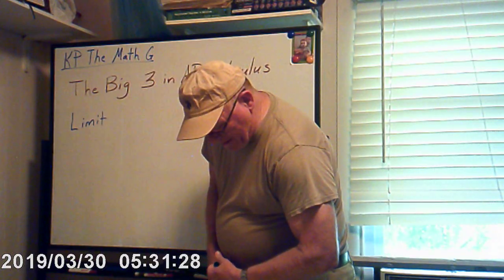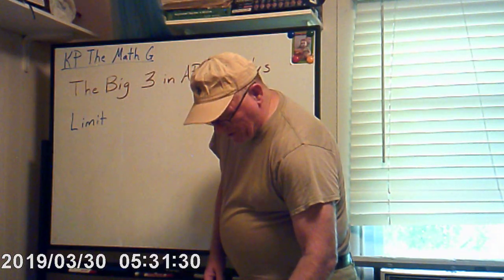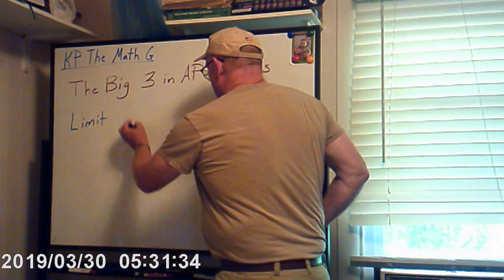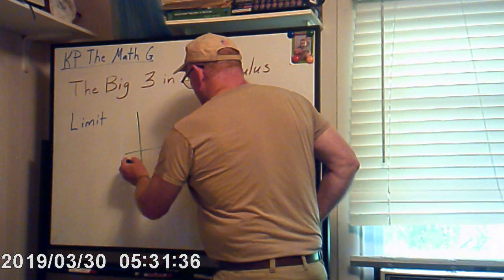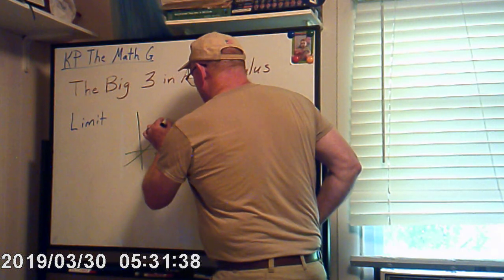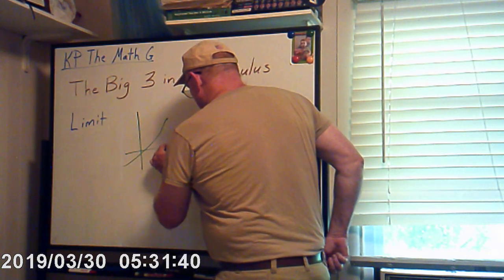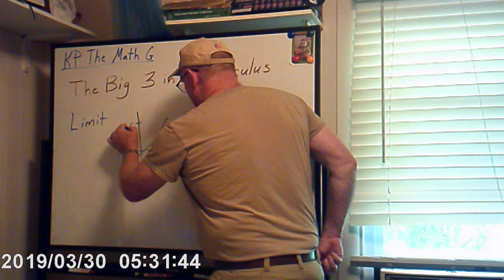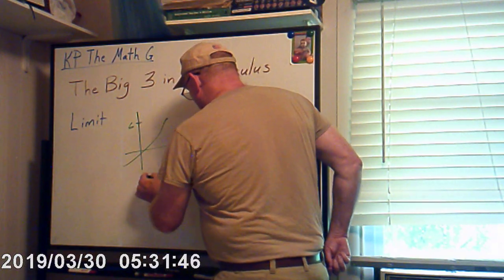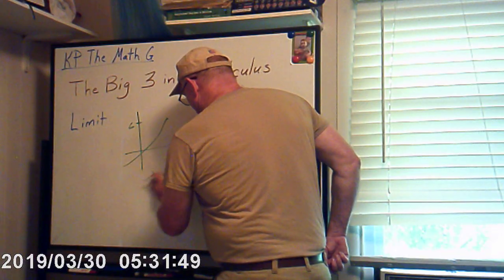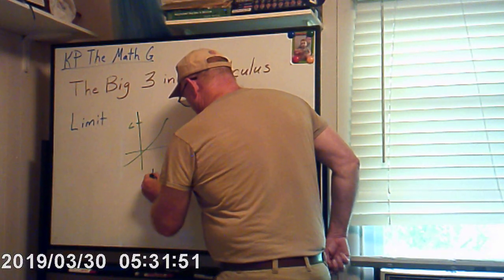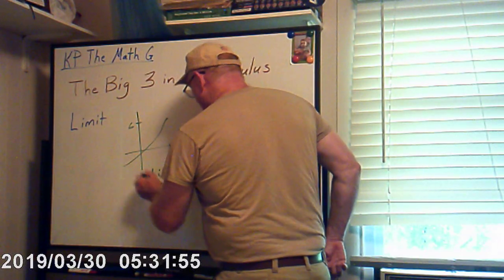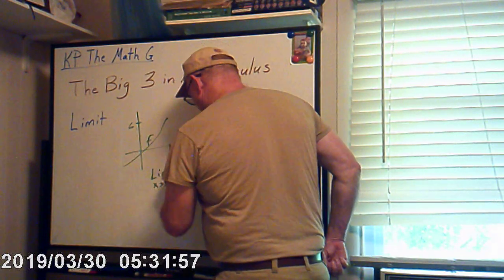What is a limit? Okay, so what we're saying is that the limit of a function, say maybe if I come up here and I stop here, and this happens to be 5, and this happens to be maybe 6, the limit as x approaches 5, let's call this a function f.